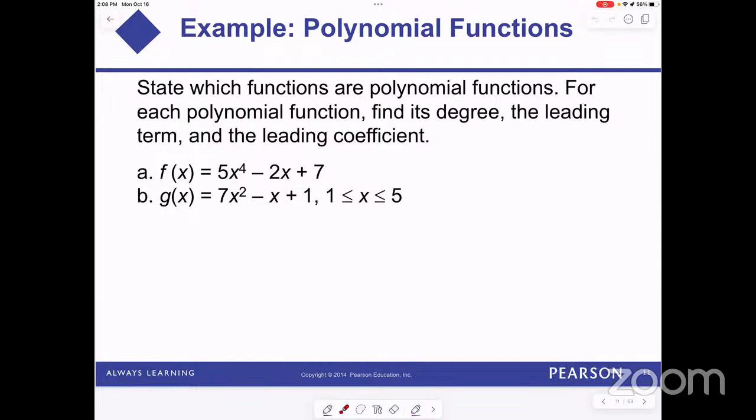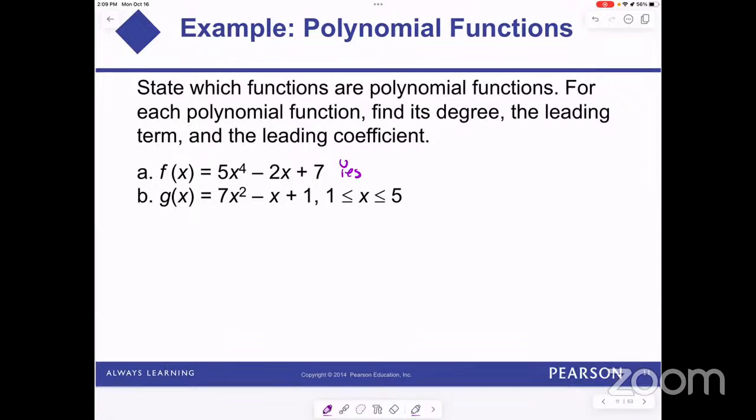So yes, that is a polynomial. For A, we would say yes, a polynomial.